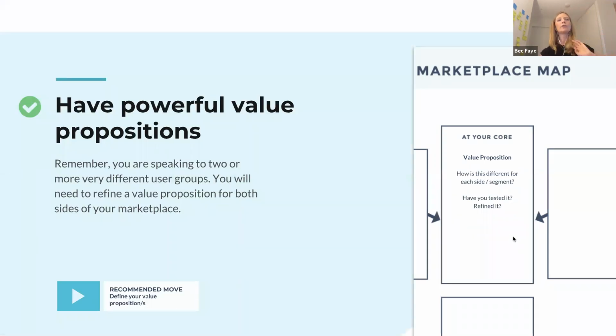So what we've identified in pillar number 1 is what's important to our users and the kind of language we might need to use in order to resonate with them. This section is about how we create powerful value propositions for both sides of the market. You need to remember that in your marketplace, you are talking to 2 completely different user groups, so you need a value proposition that speaks to each of those groups individually.